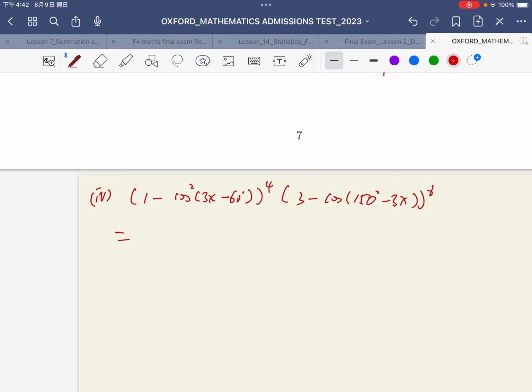Then I first change this into sine squared of (3x minus 60) to the power 8.